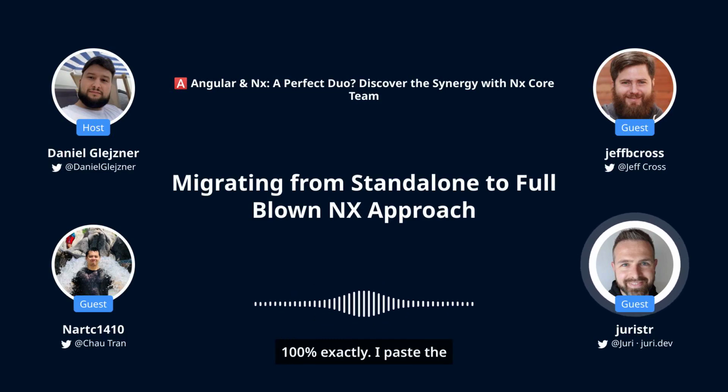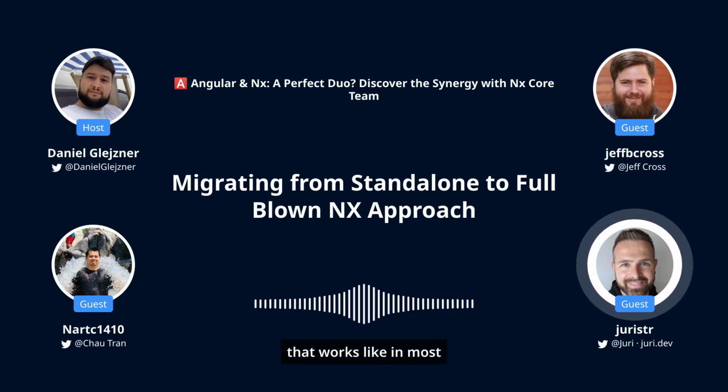Yeah, 100%, exactly. Actually, I pasted a link below in the thread of this Twitter space. I tried it out in my stream just to see what it looks like. The main reason why we're still waiting a bit with an automated migration is that we want to experiment with it, see how people use it, what the different setups are, and make sure that we capture such a migration so that it works in most cases.